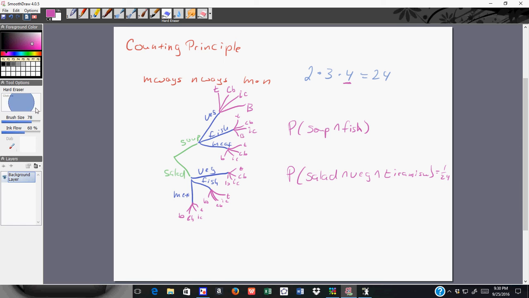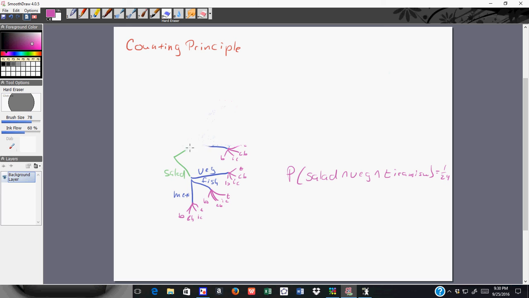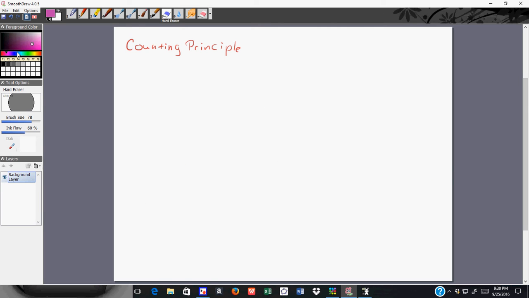Now, I want to say one other thing about the counting principle. Sometimes tree diagrams are not super useful. Actually, many times tree diagrams aren't very useful. If I were to do something like rolling 2 dice, for example, I might do 1, 2, 3, 4, 5, 6. 1, 1, 1, 1, 1, 1. 1, 2, 3, 4, 5, 6, and then 2, 2, 2, 2, 2, 2.